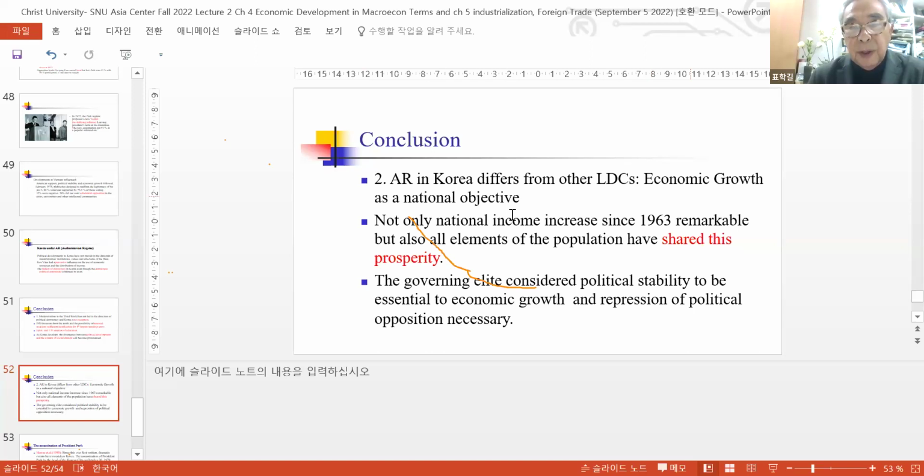Economic growth was a national objective in Korea. Not only did national income increase remarkably since 1963, but all elements of the population have shared this prosperity. The governing elite considered political stability to be essential to economic growth, and repression of political opposition necessary.